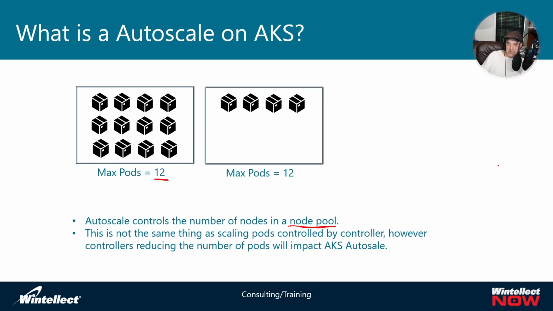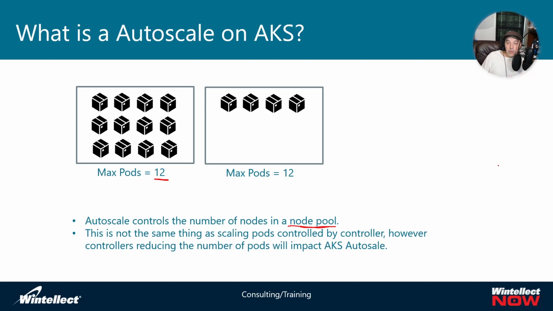So that auto scale feature allows you to dynamically scale your nodes per the number of pods that you have running on them. So you don't have to pay for 5 nodes 24/7, even if you're only using, say, half of that.